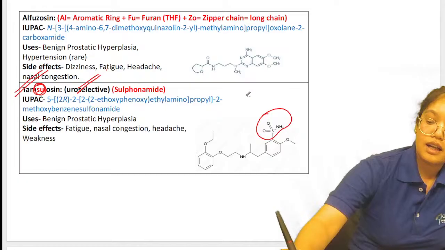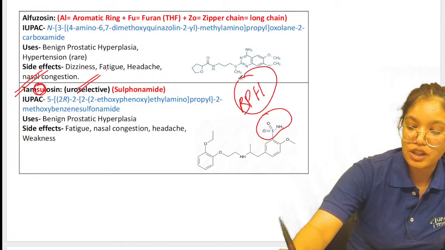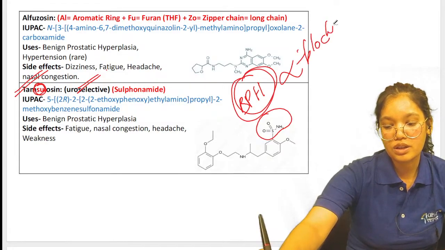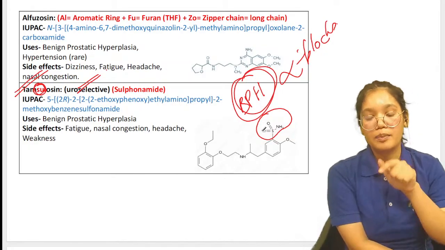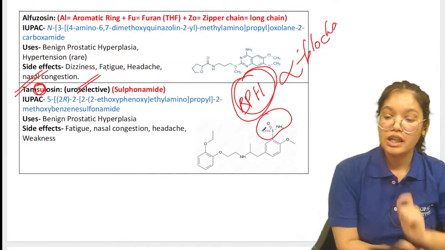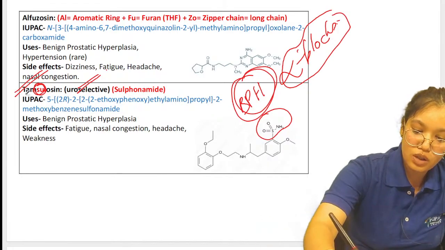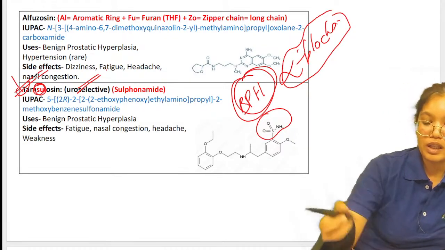So in the benign prostatic hyperplasia, all the alpha blockers are used. Now the alpha blockers are first choice for this particular disease. But in those alpha blockers also, the tamsulosin is the first choice we give.